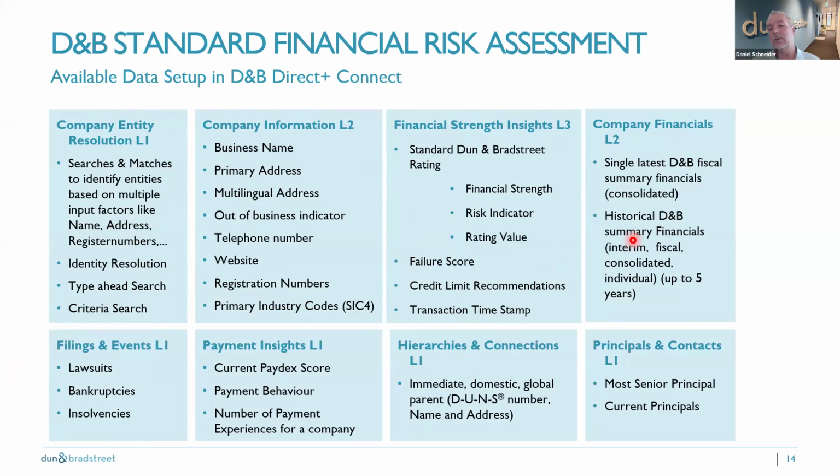Now you can do a sort of cherry picking. If you are only interested in company information, so the address, whether the company is still active, which industry code, or the number of employees, you can focus on this data block and you don't need all the other data blocks. But of course, for a risk assessment, this wouldn't be sufficient.